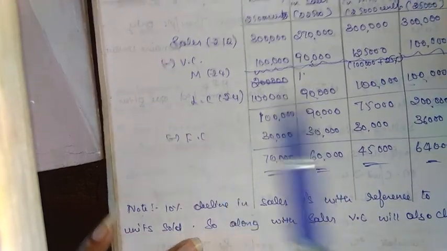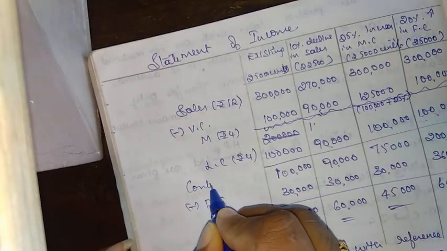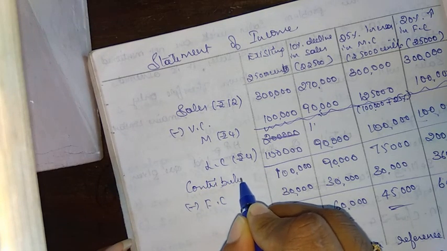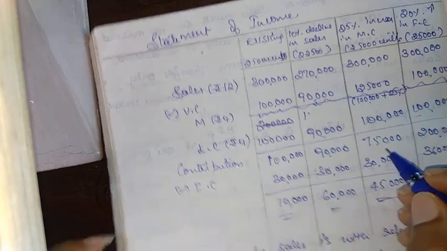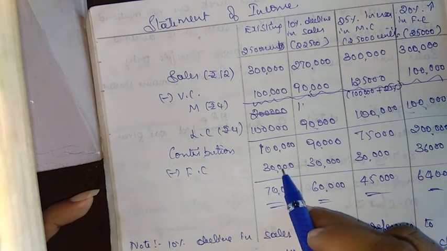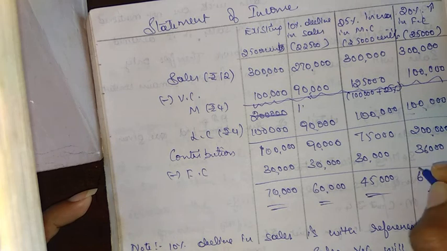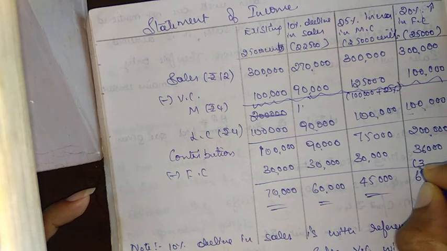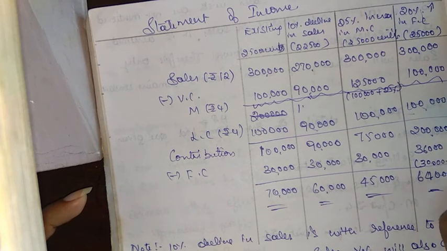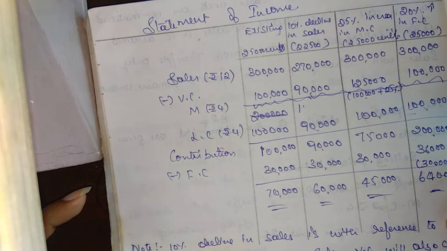So contribution is 1 lakh, 90,000, 75,000 and 2 lakh. Less fixed cost, 30,000, 30,000, 30,000. Here there is a 20% increase, so 30,000 plus 20%, so 36,000.